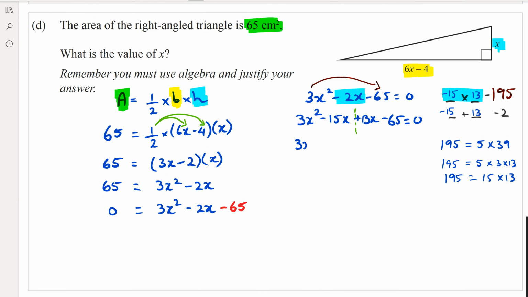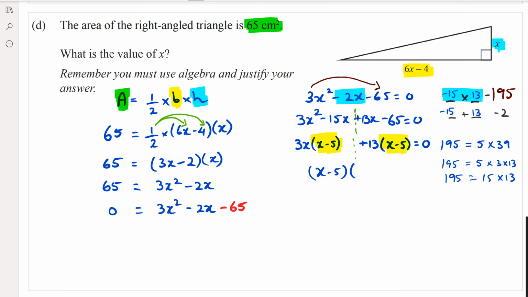That's going to look like 3x and then x minus 5. And of course, I've got that little green part here. Now I need to factorize 13x minus 65. So I've got 13 as a common factor, and I get x minus 5. Now, because x minus 5 is a common factor between the two of them, I can take x minus 5 out.